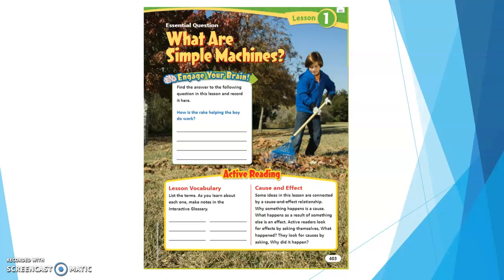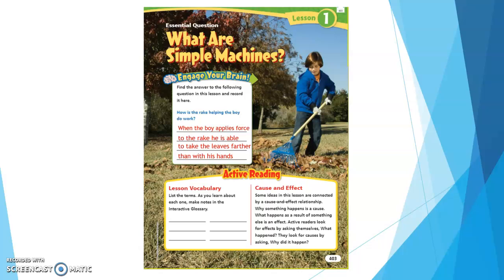It will be easier if he uses a rake than if he works with his own hands. So, when the boy applies force to the rake, he is able to take the leaves farther than with his hands. So the rake is a simple machine that helps the boy do his job.